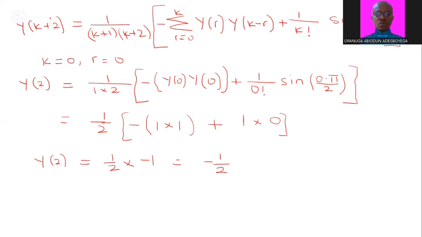So when k is equal to 1, don't forget that our r runs from 0 to k. So when k is 1, there will be r equal to 0 and r equal to 1, so r equal to 0, 1.